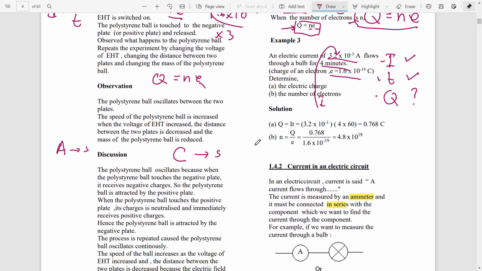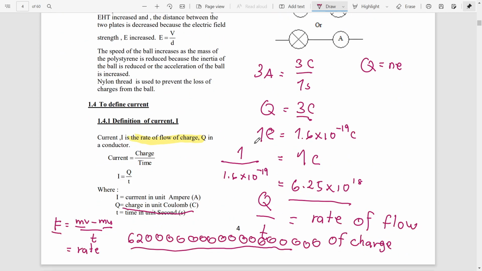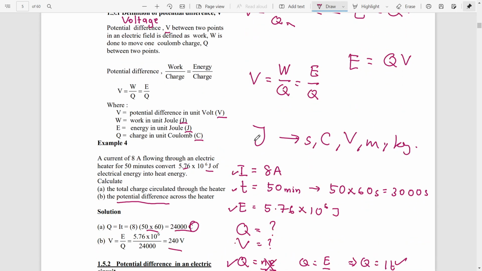Then we looked into how we can measure current by using ammeter, and how we connect the ammeter correctly, where the ammeter should be connected in series to measure current. Then we looked into the definition for voltage, where you were introduced to the equation E equals QV, and then rearranging the equation, voltage equals the energy used or the work done to move 1 coulomb of charge between 2 points. So the unit for potential difference is the same as the unit for voltage, which is volts.